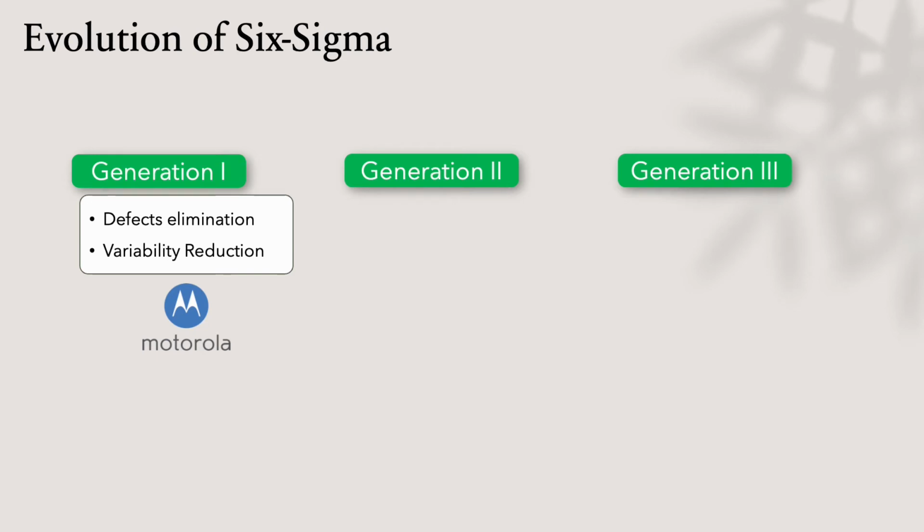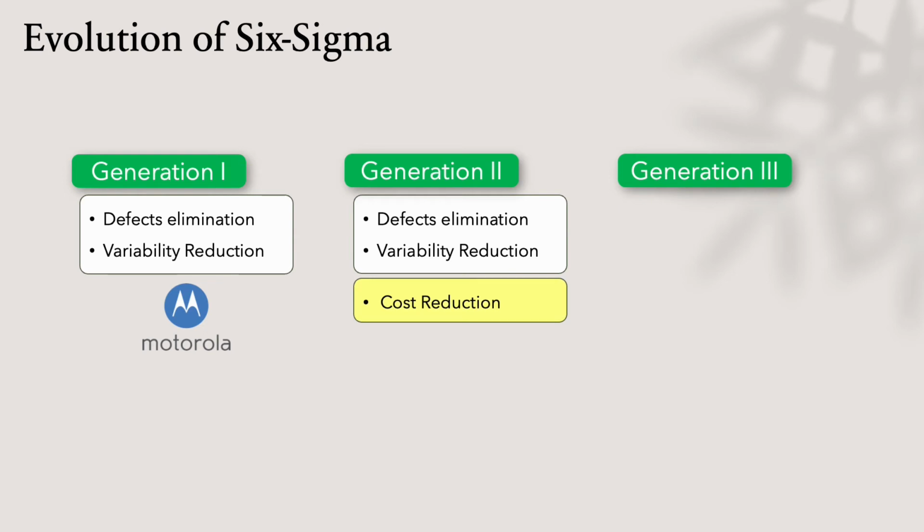After that, the next generation built upon generation 1, which focused on defect elimination and variability reduction, and included one more very important aspect: cost reduction.